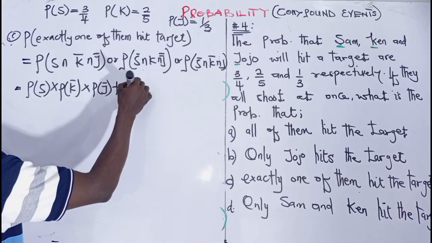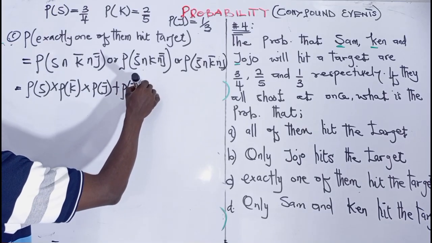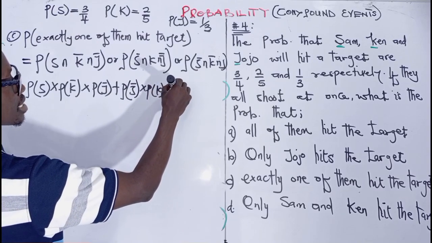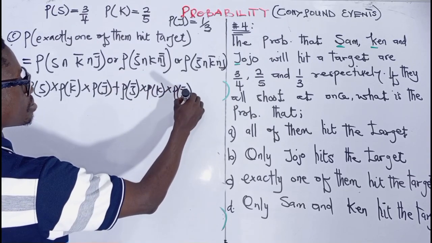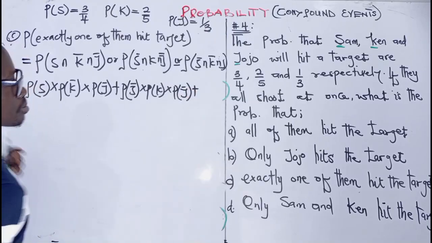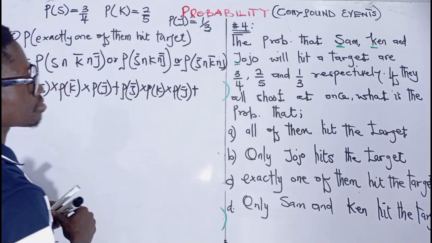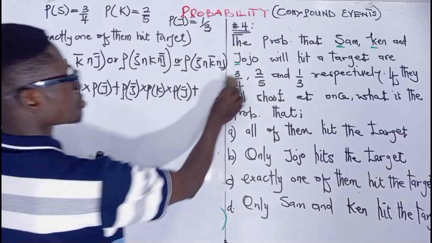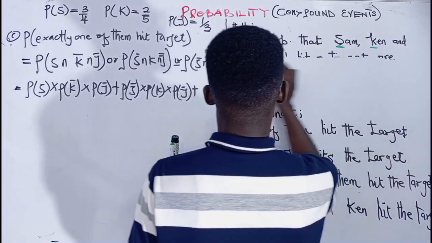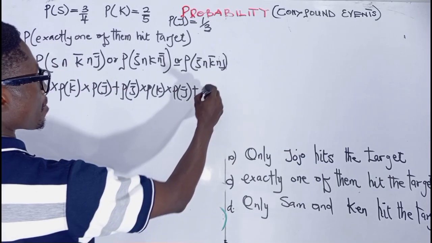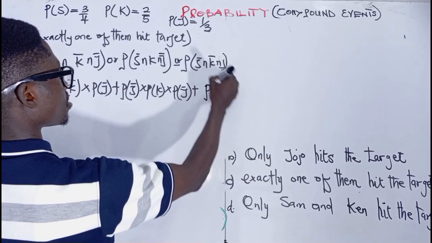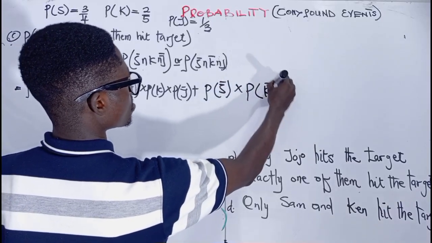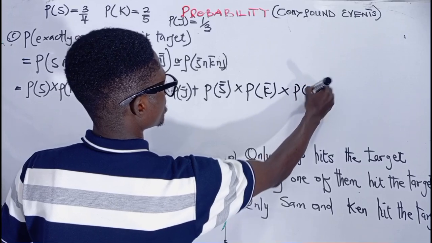So we have probability that Sam will miss multiplied by P of Ken multiplied by P of J complement. We have all, which is the same as plus. Then we have P of S complement multiplied by P of K complement multiplied by P of J.